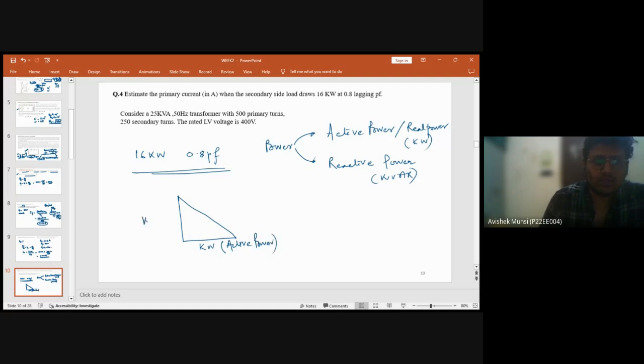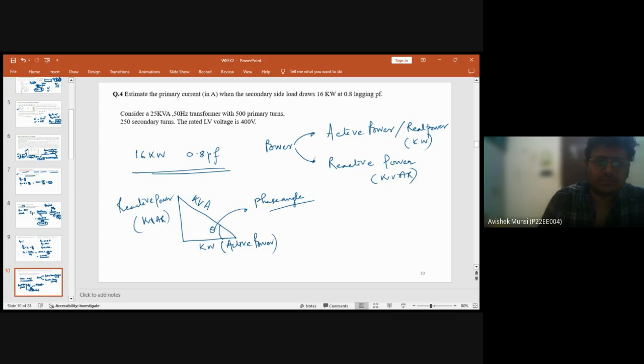This is kVAR, that is the reactive power. And a phasor sum of the two will give the kVA. And this is the power factor angle, basically the phase angle.